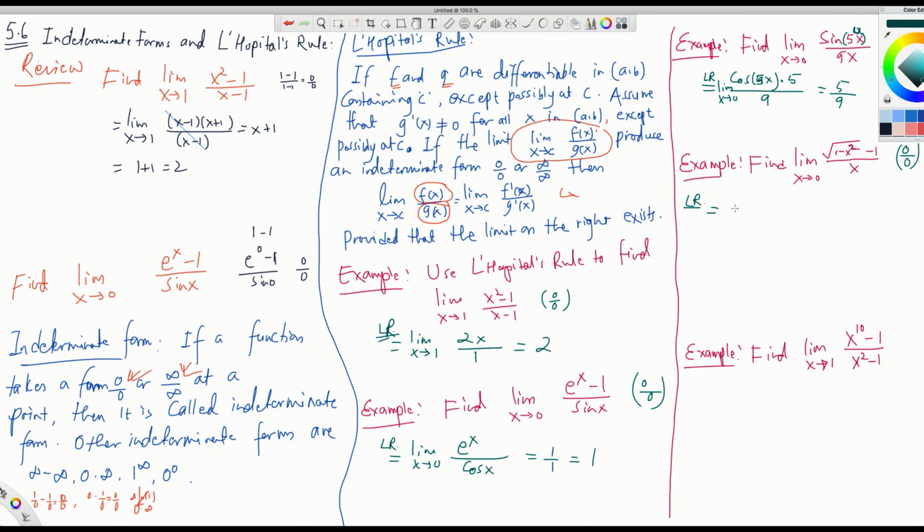So equals limit x tends to 0. What is the derivative of that? Let me do it like this: 1 minus x squared to the 1/2, and let me write down the prime for that. You can do the derivative of the top, prime, divided by the derivative of the bottom, prime, right? What is the derivative of the top?